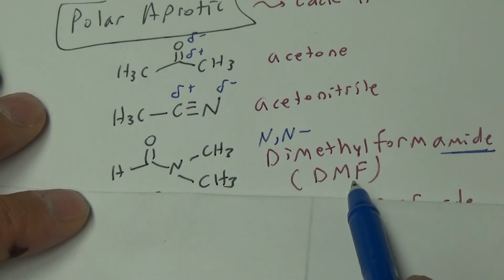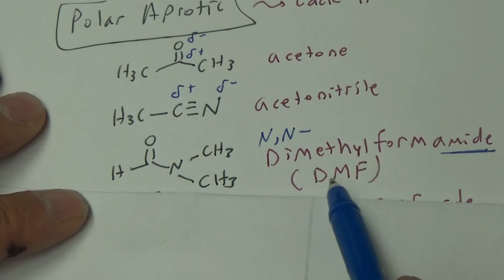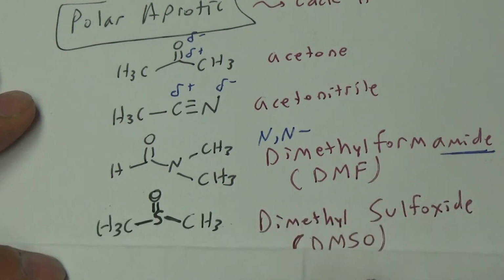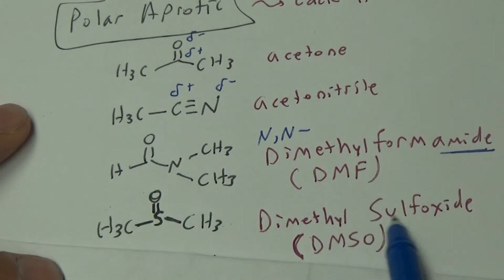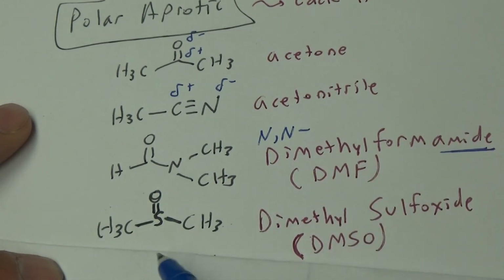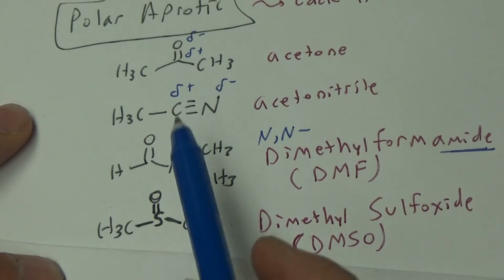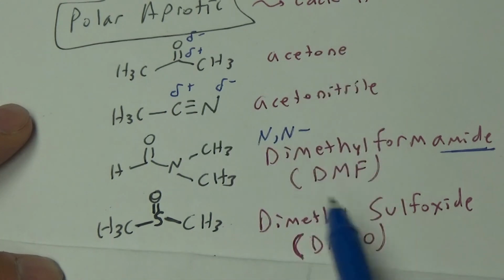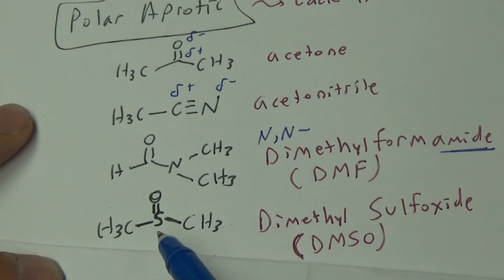You should have a little catalog of good polar aprotic solvents for SN2 reactions, and DMF is a pretty easy one to remember. And then we have dimethyl sulfoxide, DMSO. Sulfoxide kind of looks like a ketone, except it's based on sulfur. So dimethyl sulfoxide and acetone are similar in structure, aside from that sulfur.